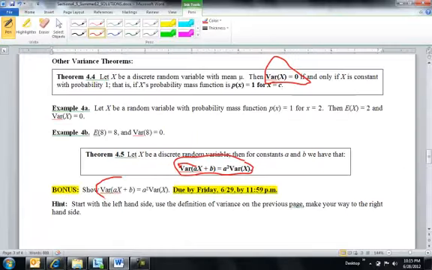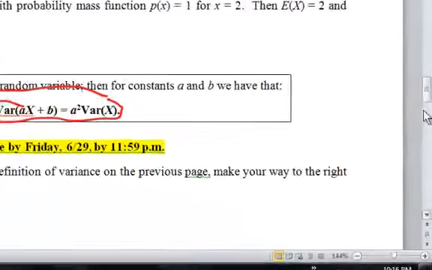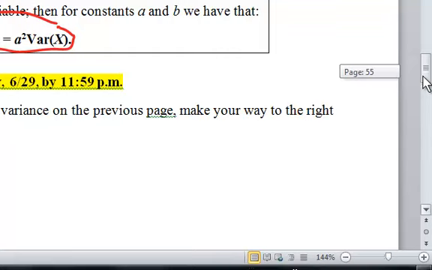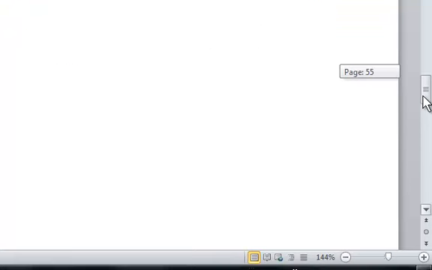So just start with this side and the definition of variance, and you'll work through and you'll eventually get down to this. If you want this as a bonus, I have it for tomorrow night if you wish to submit it. You really just start with the definition of variance and work through, and eventually everything cancels very nicely. So it's not hard, it's a fun little proof.